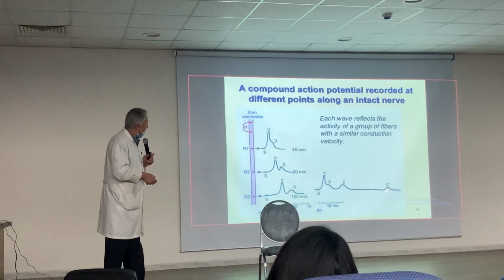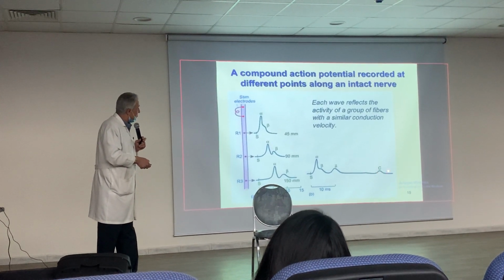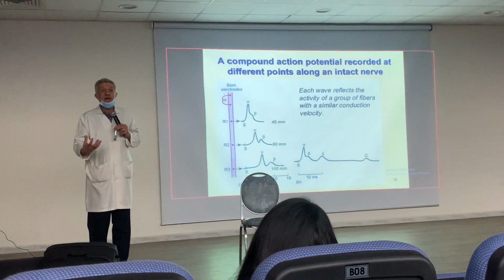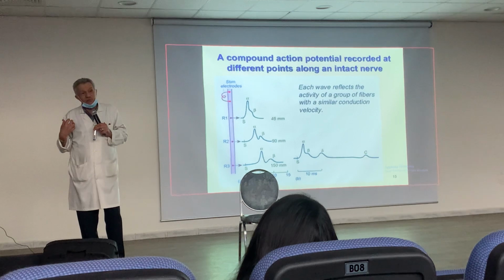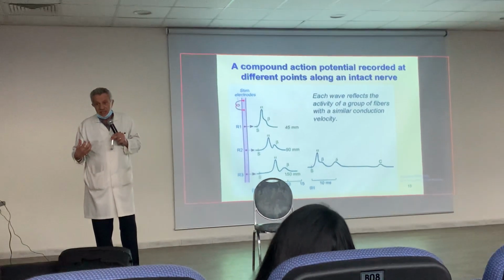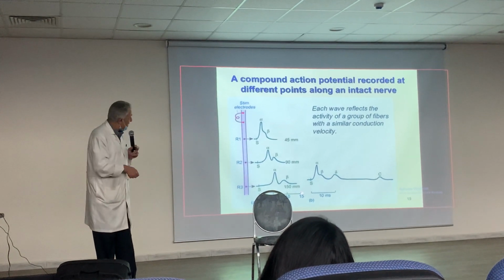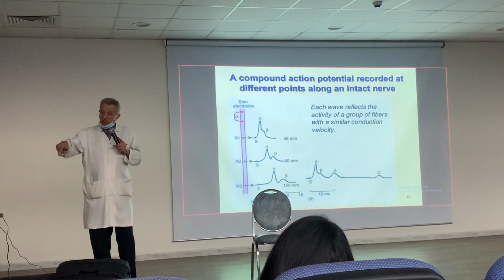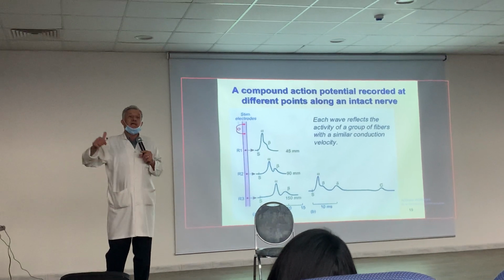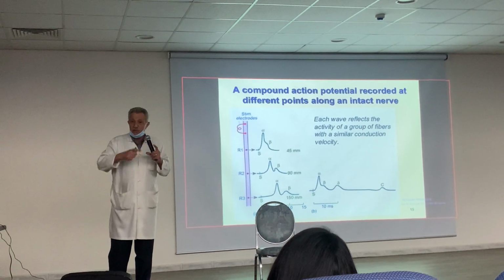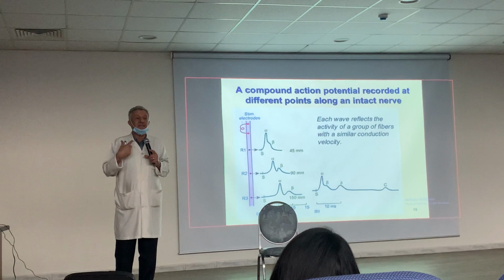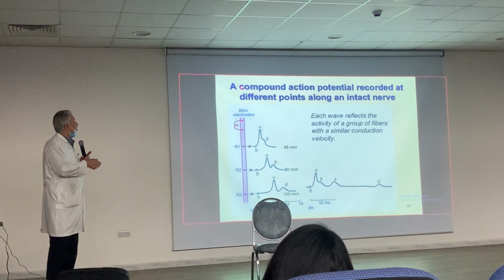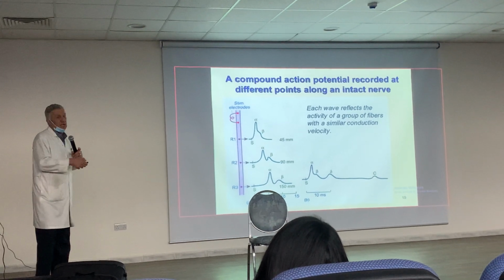You can also record the activity of the fibers with the lowest velocity of conduction, because you need more time, on the x-axis, to record the changes in that group of fibers conducting at a much slower rate. And you get what we call compound action potential.